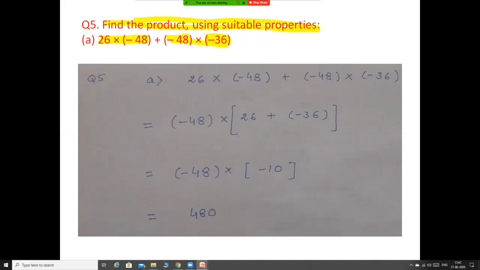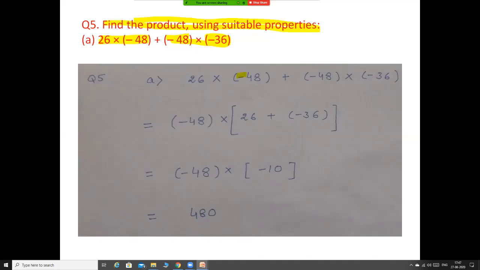How to multiply these? But one thing is very much clear, using suitable properties. So don't multiply as usual. Think before writing.